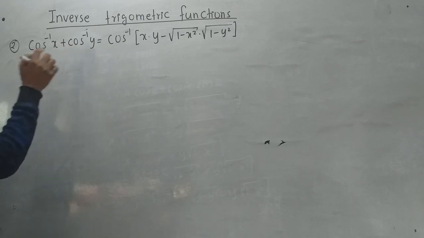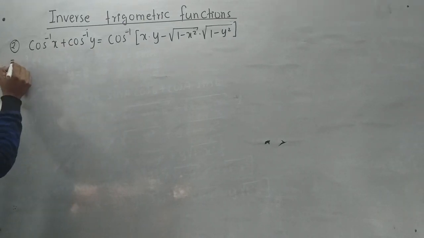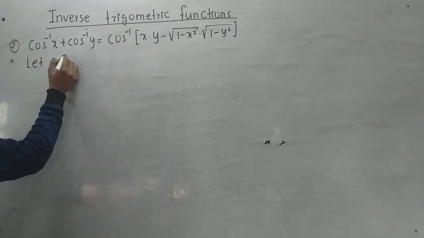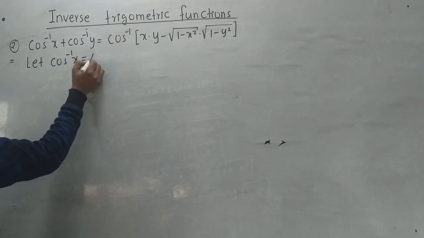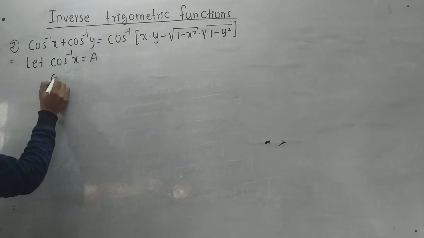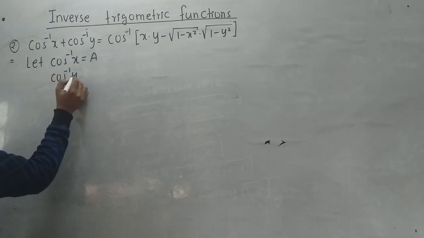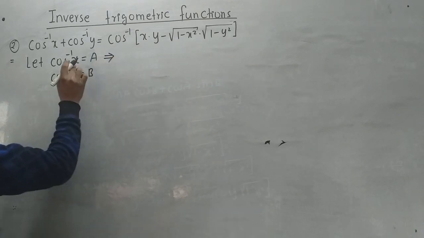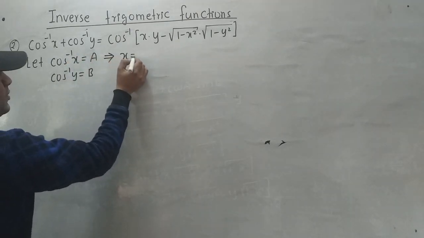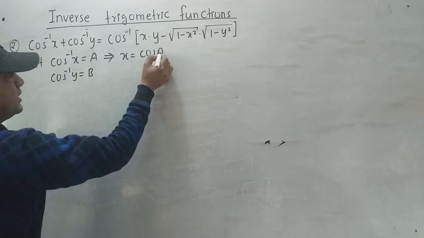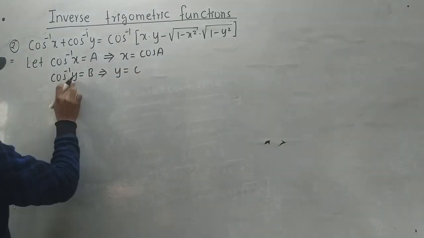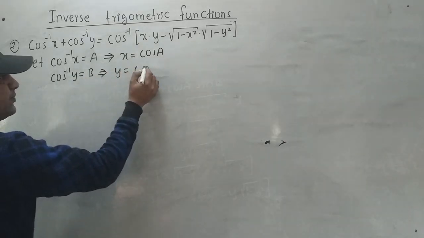So you have to suppose individually: let cos inverse x be angle A and cos inverse y be angle B. What does it imply? x equals cos A, and y equals cos B.